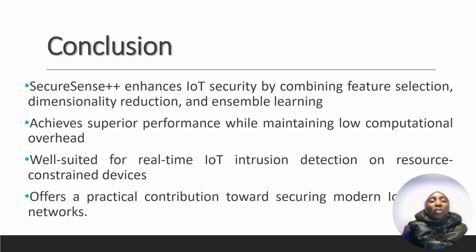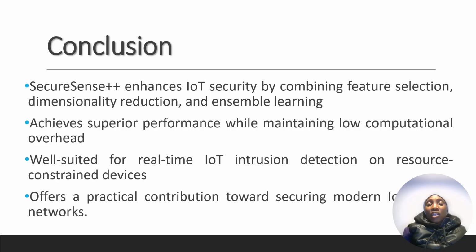In conclusion, the proposed SecureSense++ enhanced IoT security by combining a feature selection technique, a dimensionality reduction technique, and an ensemble learning model. The three approaches were conducted in this study, and it achieved superior performance while maintaining low computational overhead.